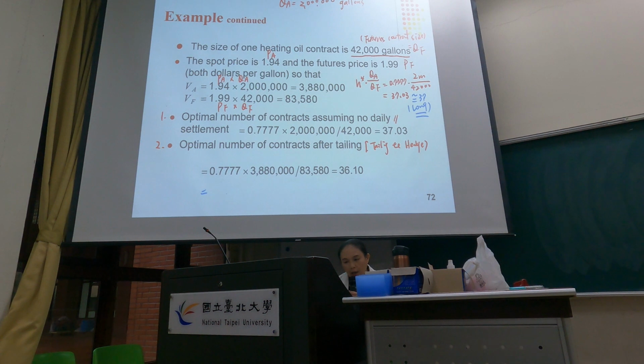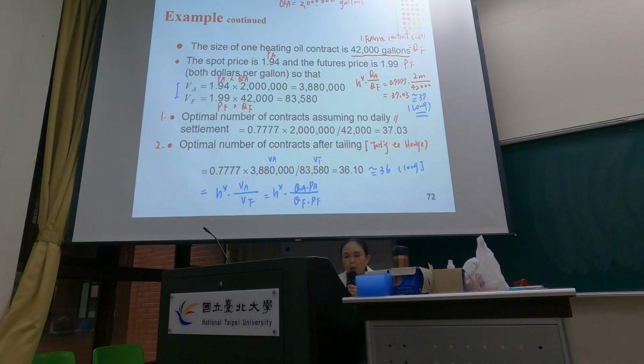Now, secondly, with the tailing the hedge: H star times VA over VF equals H star times QA times PA over QF times PF. Agree? Here we computed the VA and VF already. This is VA, this is VF. Come up with 36.0. So in that case, you can say 36 long.